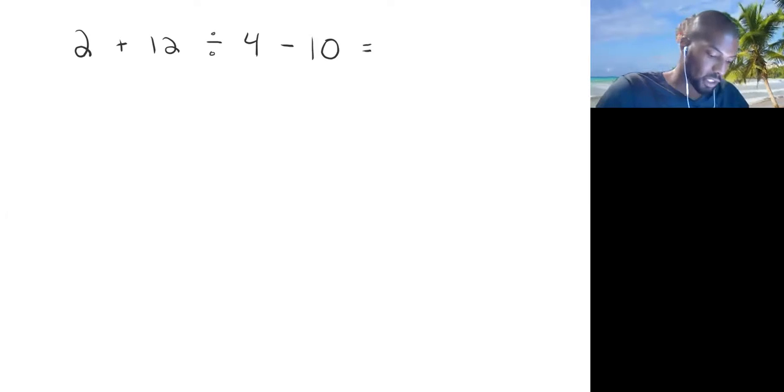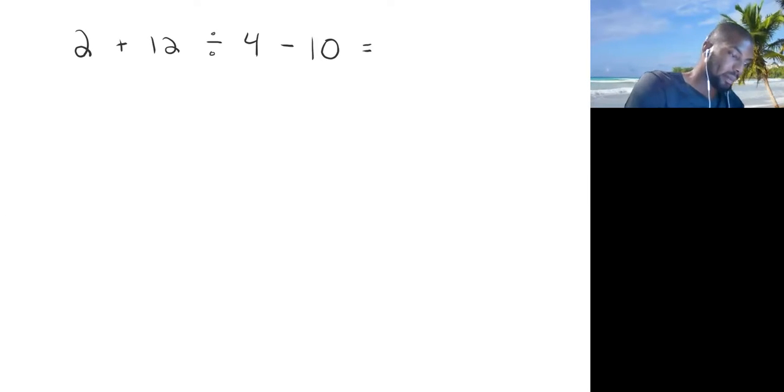Well, first things first, I recognize I have multiple operations here. I've got addition, I've got division, I've got subtraction. So I'm going to write out my PEMDAS. Parentheses, exponents. I'm going to try to keep it color-coded, but it will take a little longer, so please bear with me.